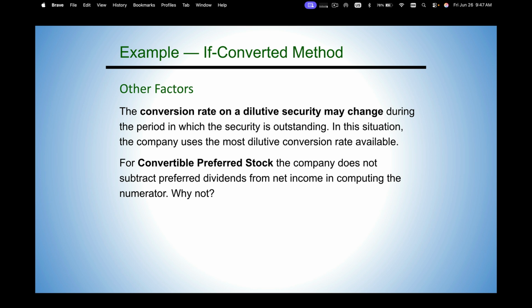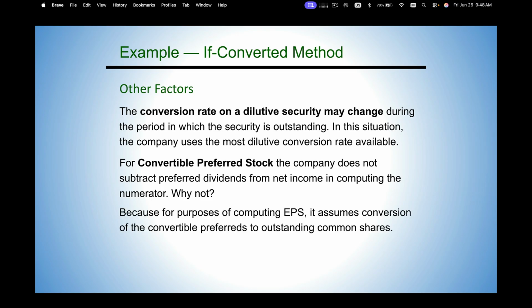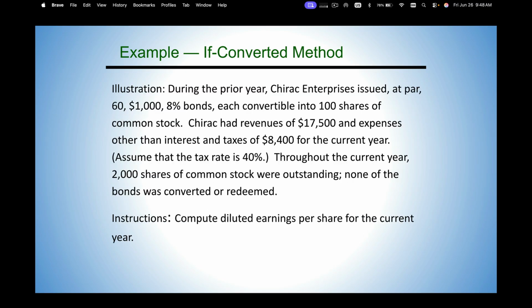I also want to remind you that preferred dividends do not reduce net income, and therefore are not subject to the 1 minus T effect, the tax effect. There is no tax at the corporate level on preferred dividends or effect on taxable income. Otherwise, preferred dividends are treated the same as convertible bonds. Let me show you an example here.